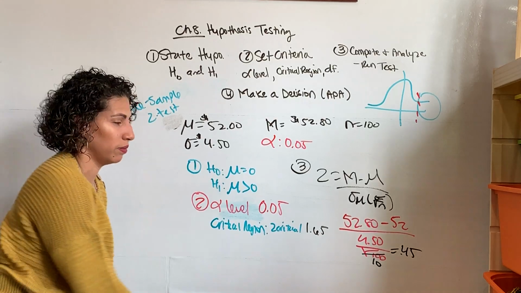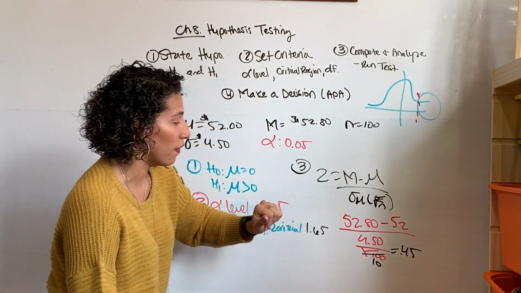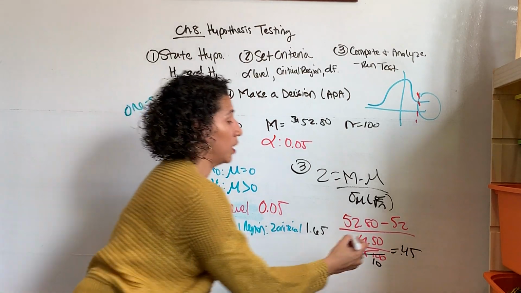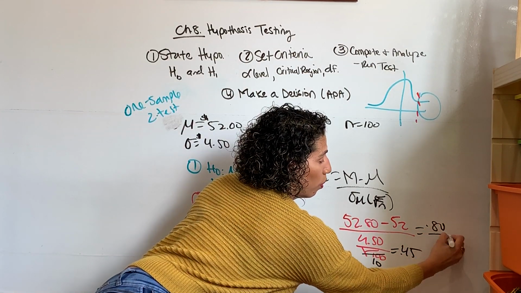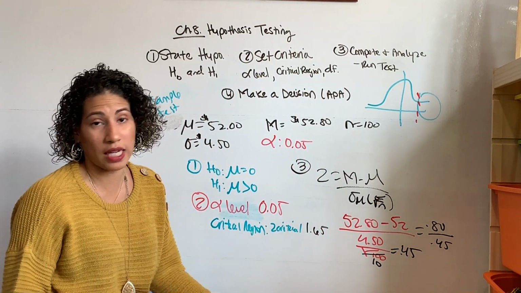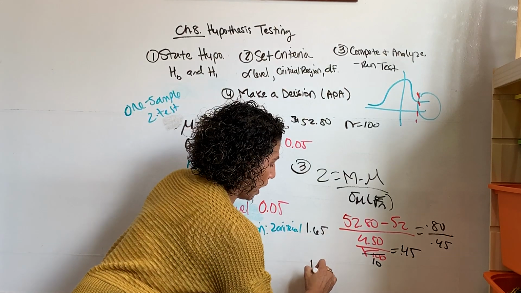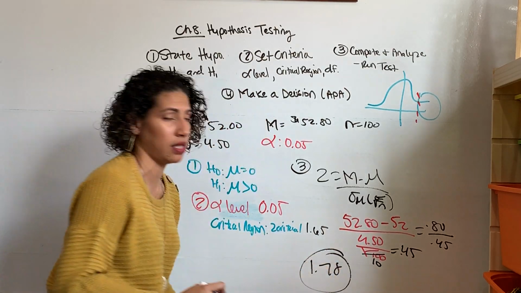Yeah, 0.45. Just making sure, I always make mistakes between my tens, right? So 0.45. 52.80 minus 52 is going to give us what? 0.80 divided by 0.45, and it all leads you down to 1.78.